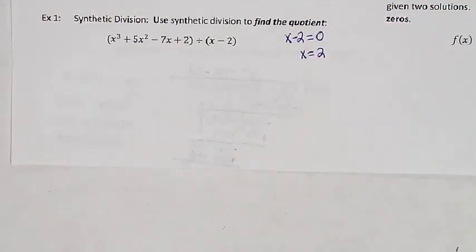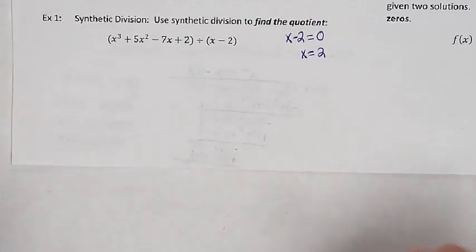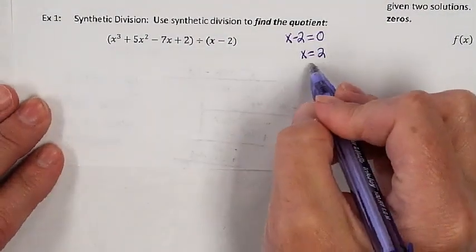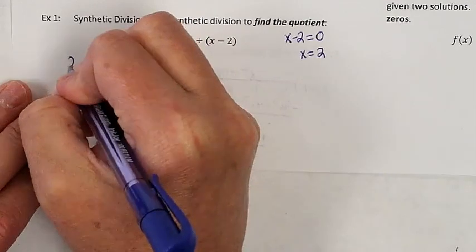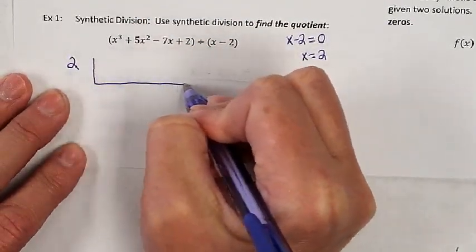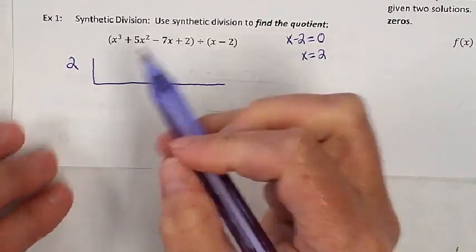Alright, to set up synthetic division, it's kind of like an upside down or backwards division. This 2 is going to go on the outside. It's not a division sign, but kind of like upside down division.